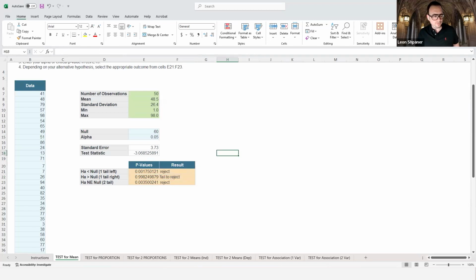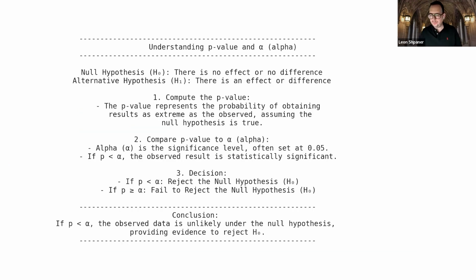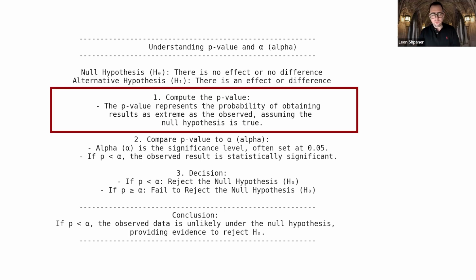Now, coming back to the basics, I'll do a very quick review. The p-value is the probability that you're going to observe a value in the data that's as extreme or even more extreme than what was actually observed, assuming that your null hypothesis is true.